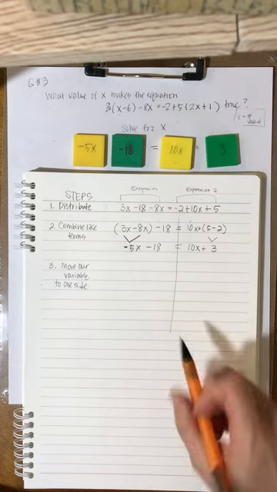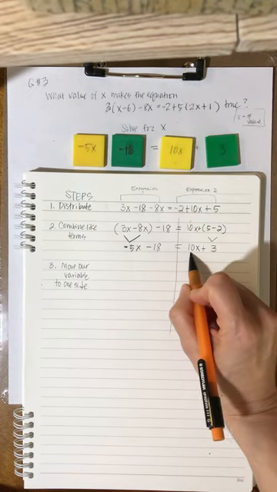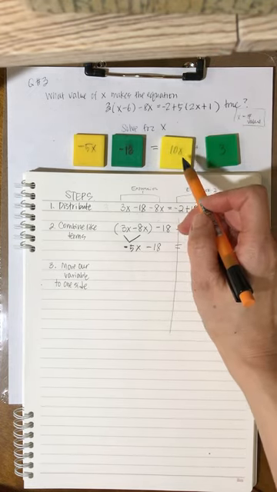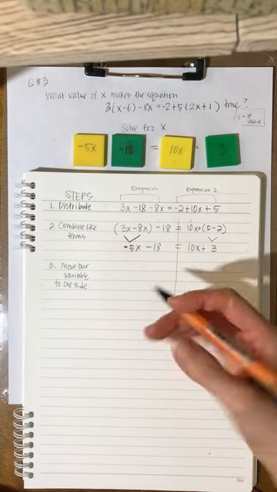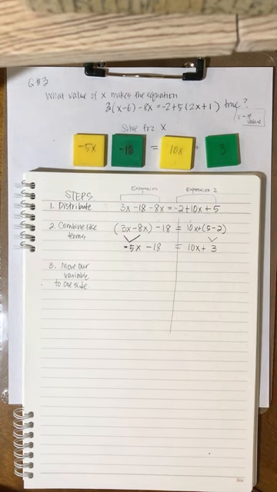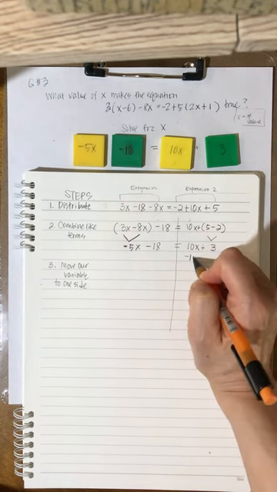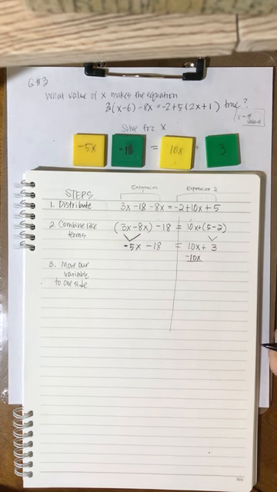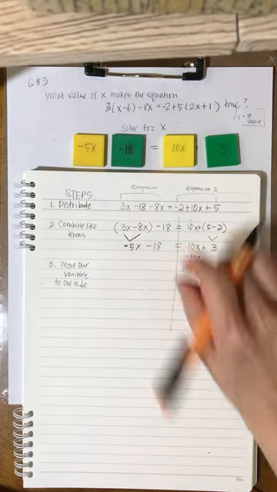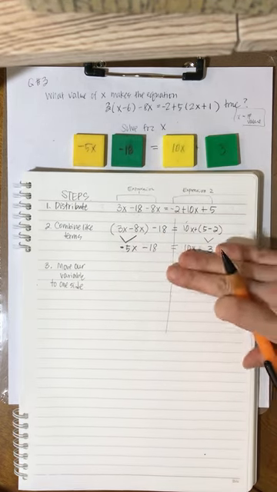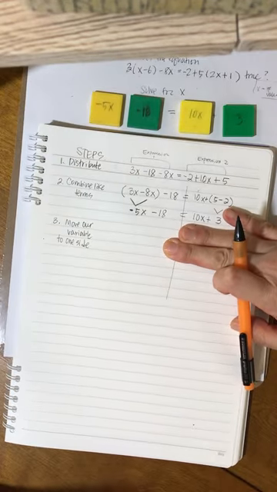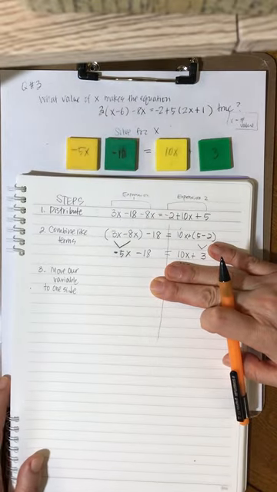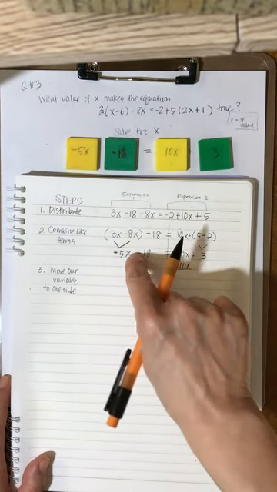So how then do we get rid of this 10x? Well, we know that if we have a 10x, in order to make that equal 0 or to take it away, we have to just subtract 10x, right? But again, the equal sign demands that because right now, before we take away that 10x, these are completely imbalanced with each other. We gotta do it to both sides.